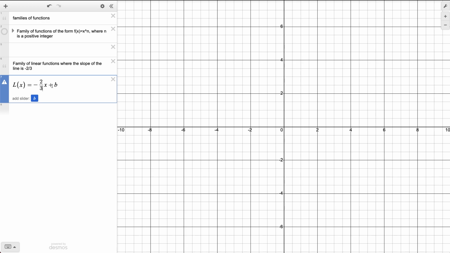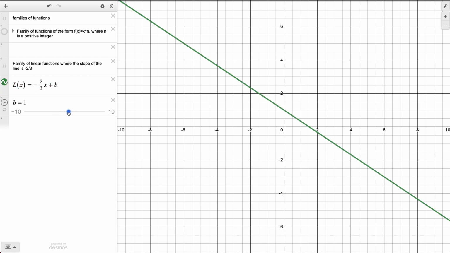So filling this in for any given b value gives me one line out of this family of linear functions. Okay, so this would be a way to depict the full family of linear functions where the slope of the line is -2/3. All right, and you can choose how you're going to represent that in Desmos.